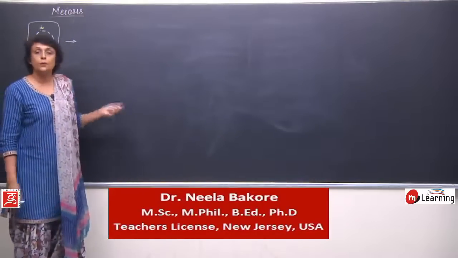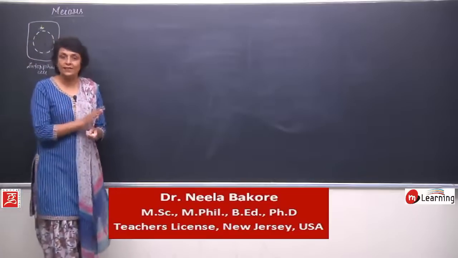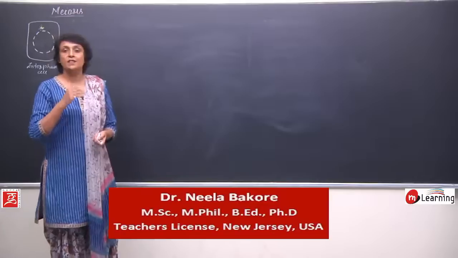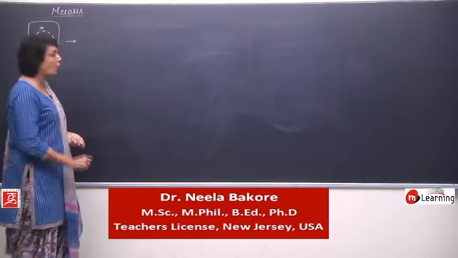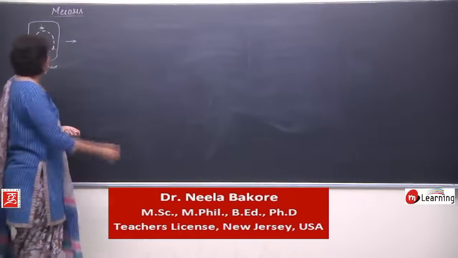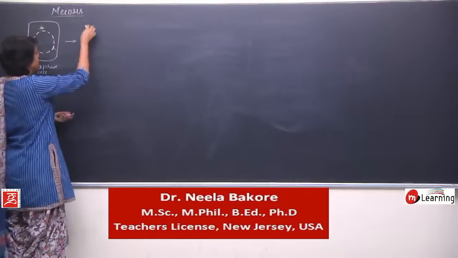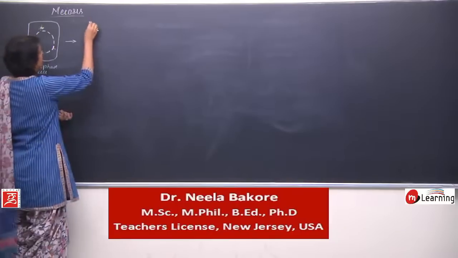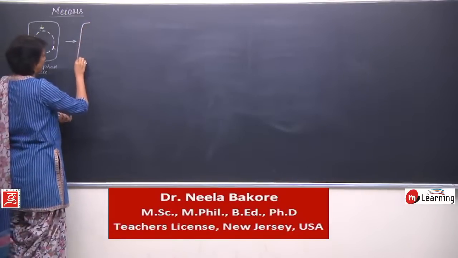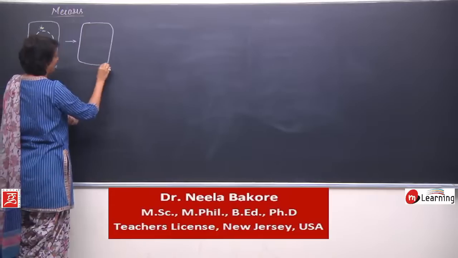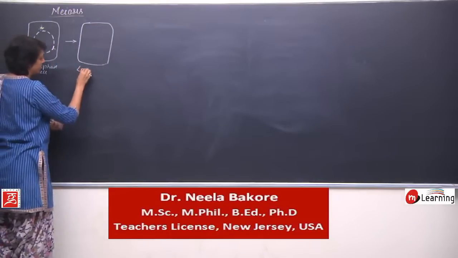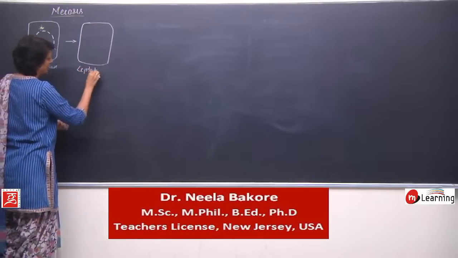We said that prophase 1 doesn't take place in one stage, it is completed in 5. So we are talking about these 5 sub-phases of prophase 1. The first is leptotene.